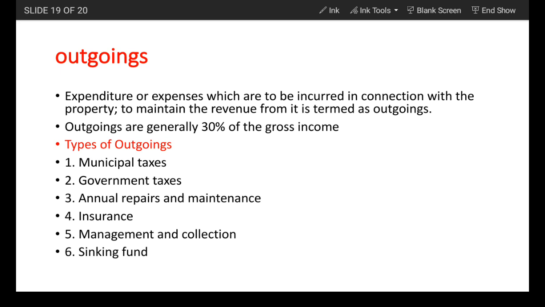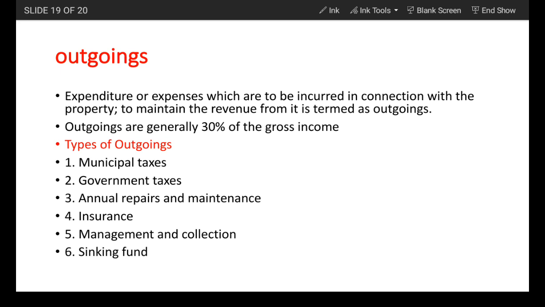First is municipal taxes, the taxes paid to the local authority for services like water supply, sanitation, etc. Such taxes are calculated at a certain percentage of the rentable value of the property. Then government taxes, the taxes paid to the government, such as land taxes and education taxes. Then annual repair and maintenance.